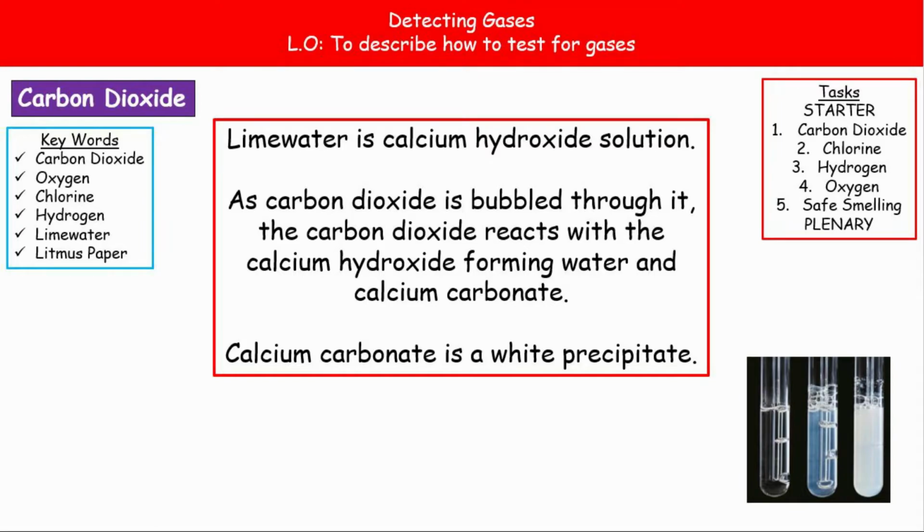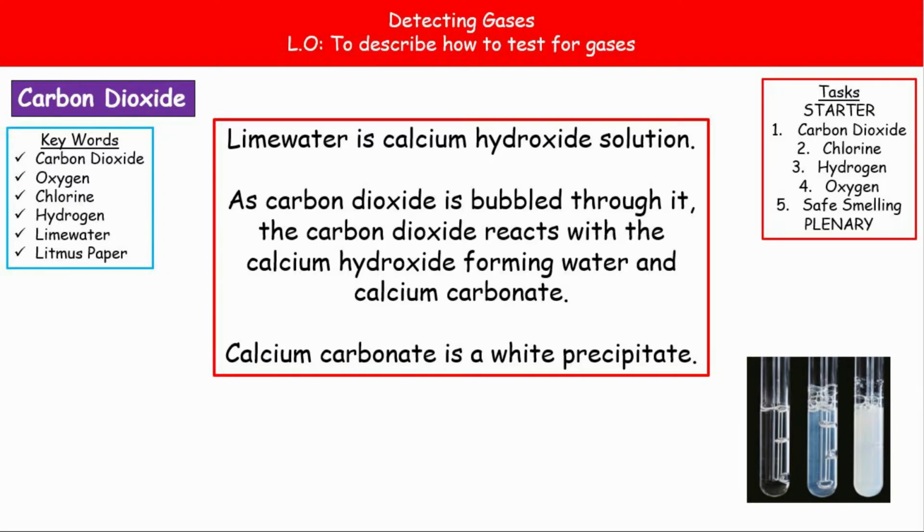What is limewater then? It's not water with lime in it, okay? It's nothing related to lime the fruit at all. Limewater is actually calcium hydroxide solution. Now, what we actually see happening when we start off with our limewater, the calcium hydroxide solution, and we bubble carbon dioxide through it, then the carbon dioxide is going to react with the calcium hydroxide to make two products.